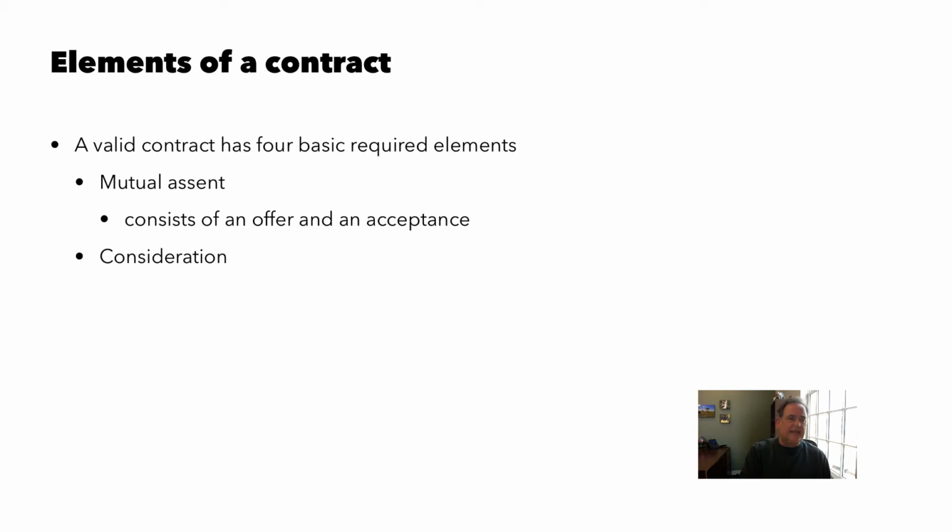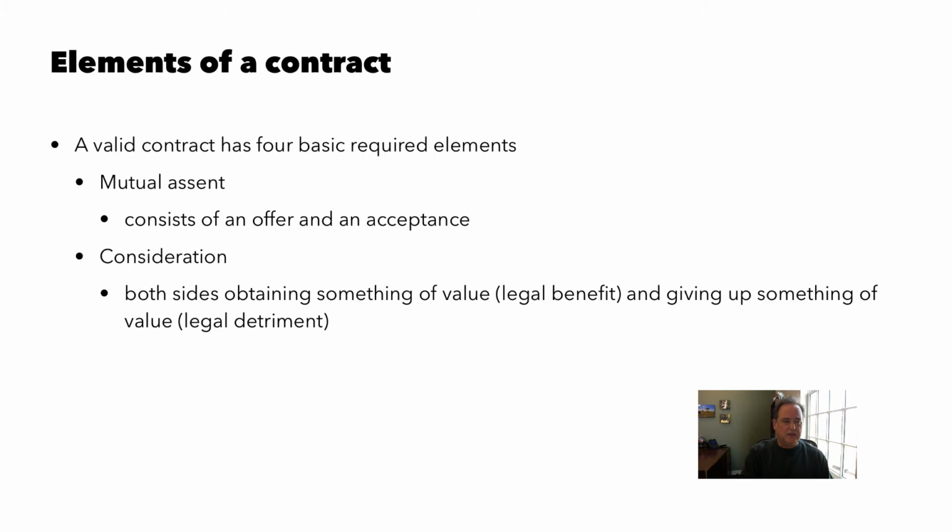Consideration is the second element of a contract, and consideration is a feature that is sort of unique to the common law. If you take my international law class, we talk a lot about the differences between the common law and civil law. But essentially, consideration means something of value is exchanged for the promise. Both sides obtain something of value, which we refer to as a legal benefit, and you give up something of value, a legal detriment.